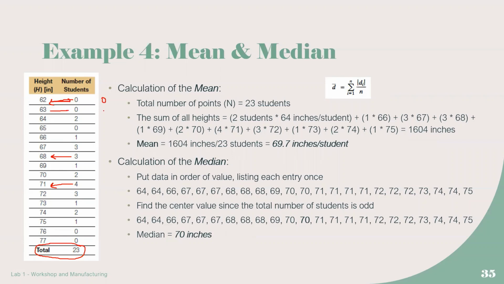You're going to multiply these two and write it here. Multiply these two and write it here. And you're just going to sum them here.